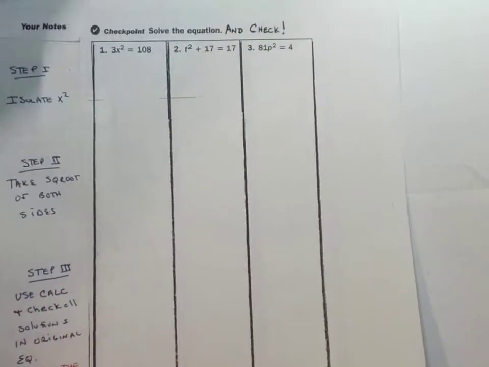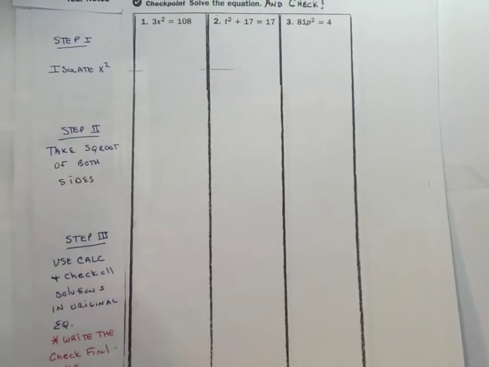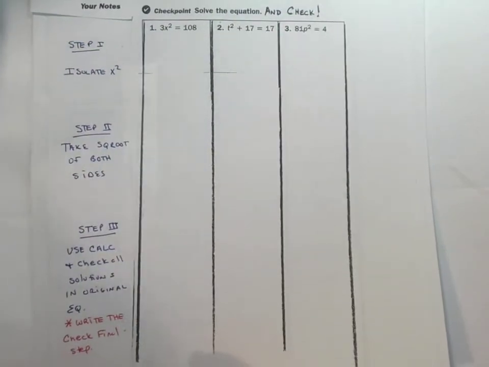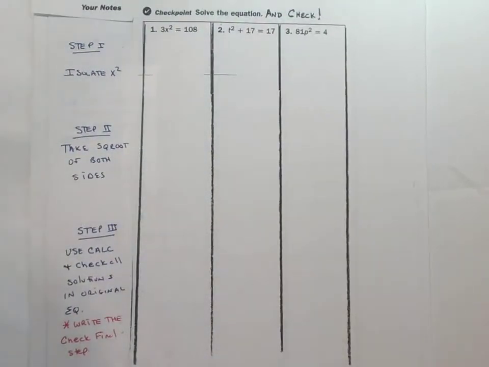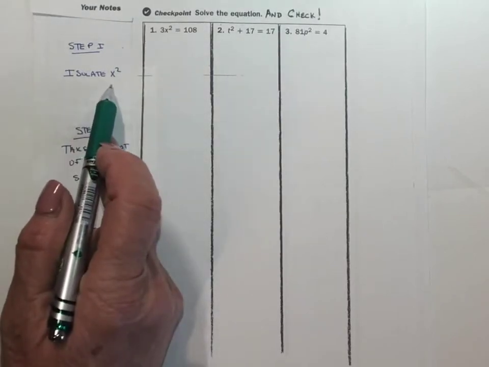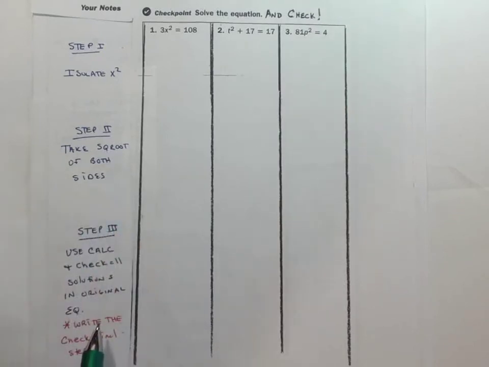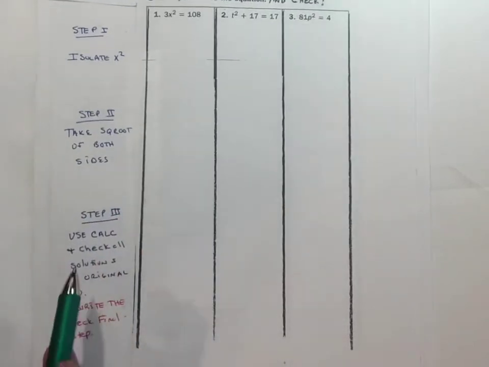Right. So now I want you to try to do 3 problems on your own. Again, the steps are you isolate the x squared term, take the square root of both sides, use your calculator and check all solutions in the original equation.